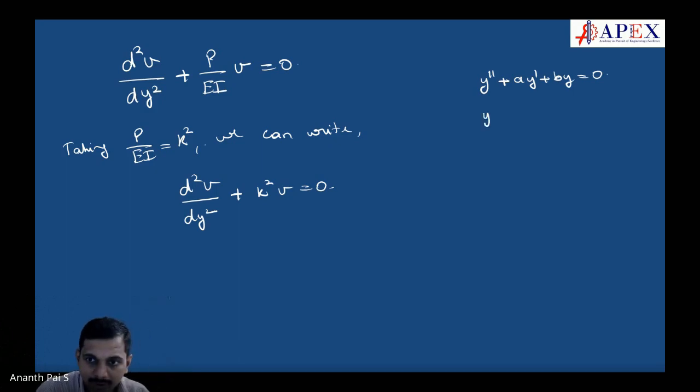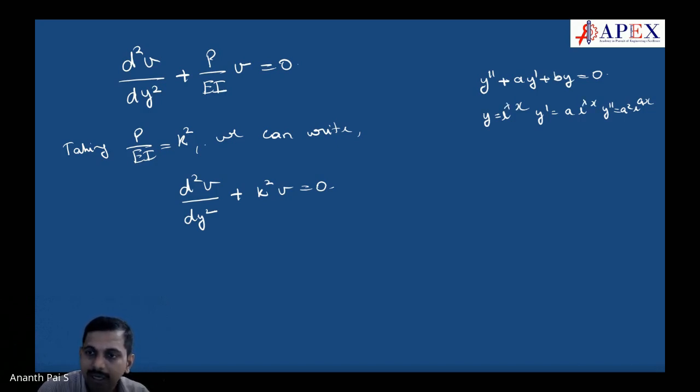We have to assume y is equal to e power lambda x, so that y dash would be lambda into e power lambda x, and y double dash would be lambda square into e power lambda x.